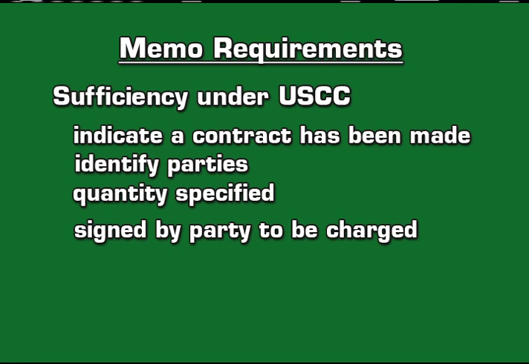And it needs to be, quote, signed by the party to be charged. And what that means is it has to be signed by the party against whom the contract is being enforced. So those are your memo requirements under the statute of frauds.